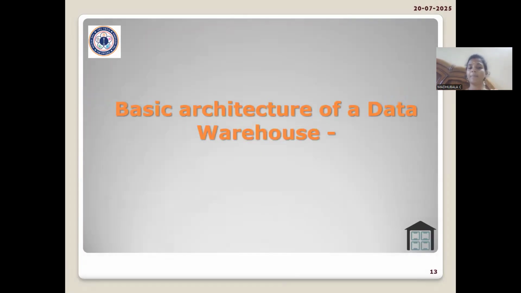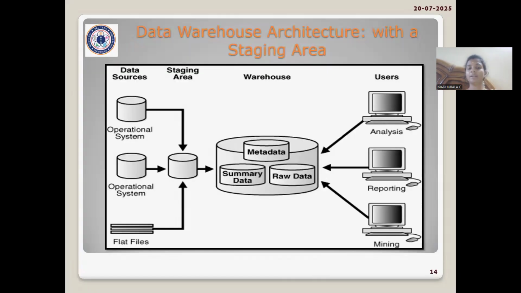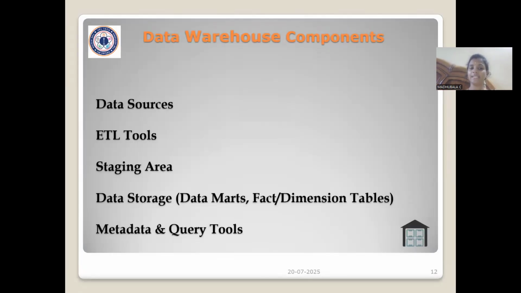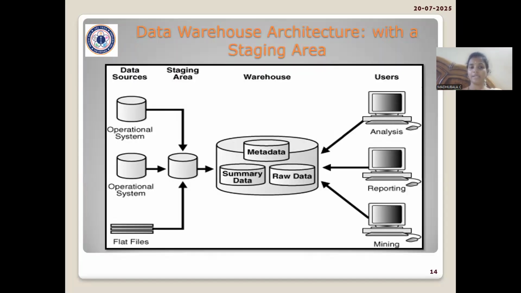Here is the basic architecture of data warehousing, which starts with data sources. What we looked at here: data sources, ETL tools, staging area, data storage, metadata, and query tools. Same here: data sources, the second one is the staging area, and then the warehouse and users.